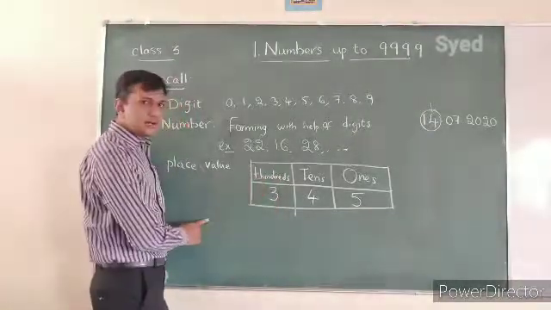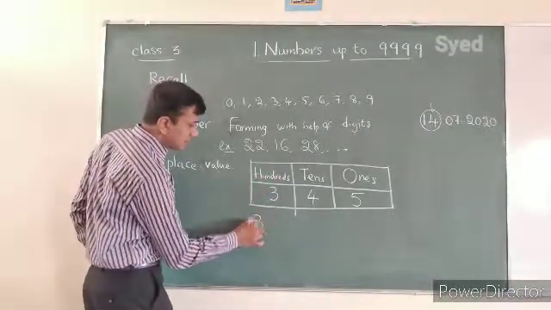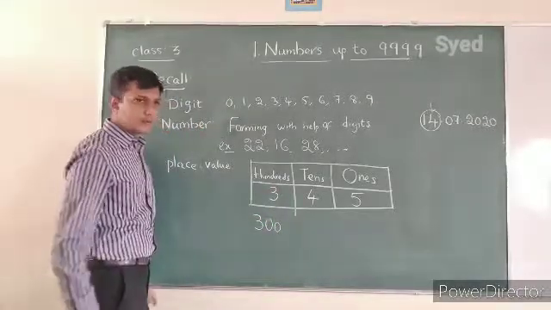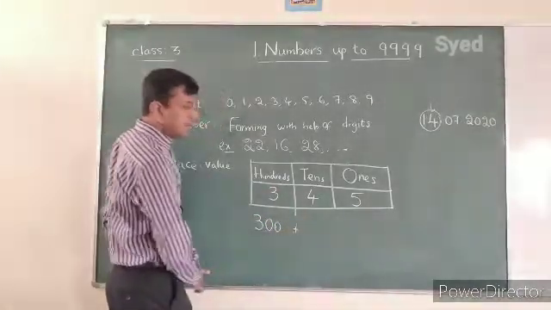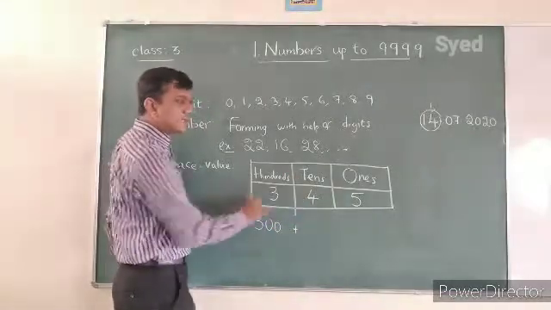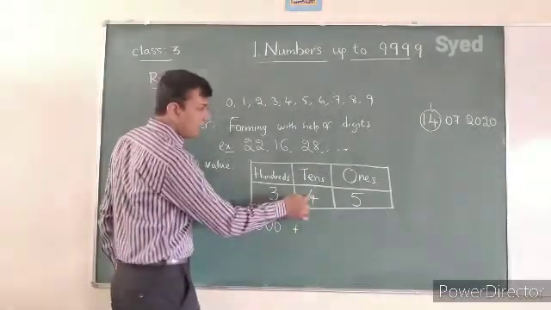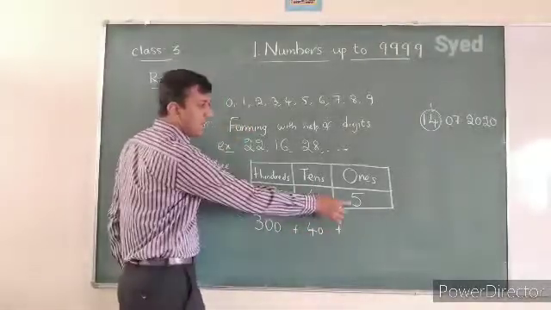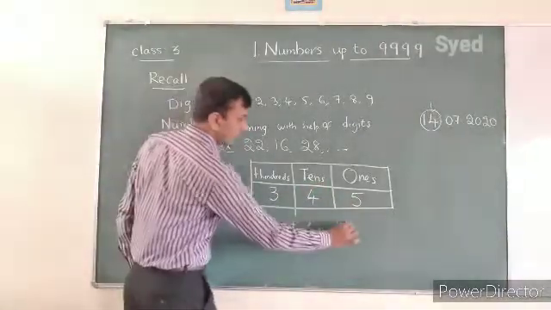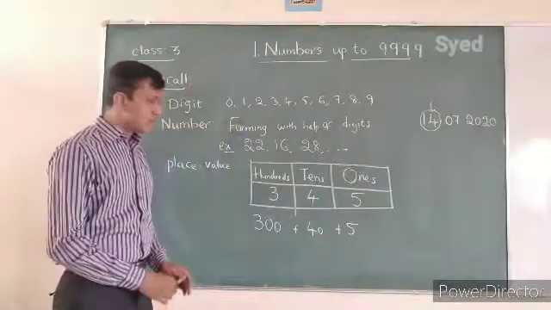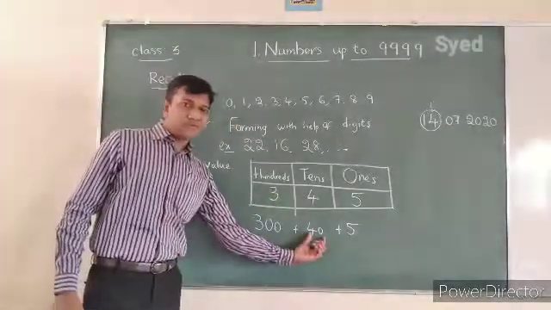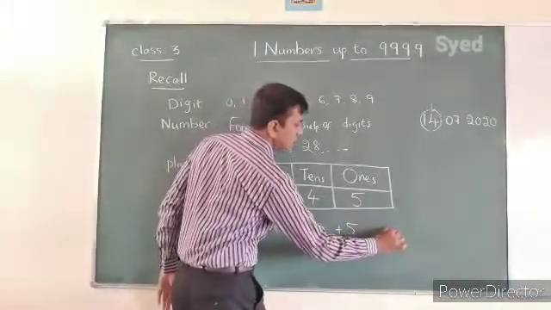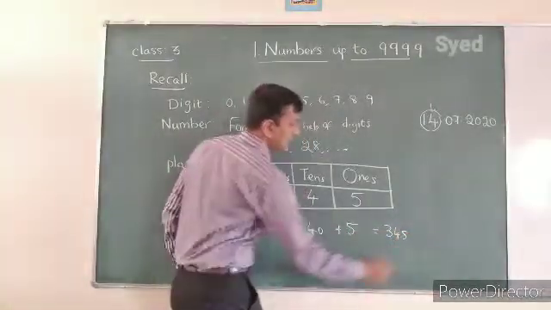Because it is in the hundreds place, we have to take it as 300. Similarly, 4 is in tens place, that's why 40. 5 is in ones place, 5. 300 plus 40 plus 5 will give us 345.